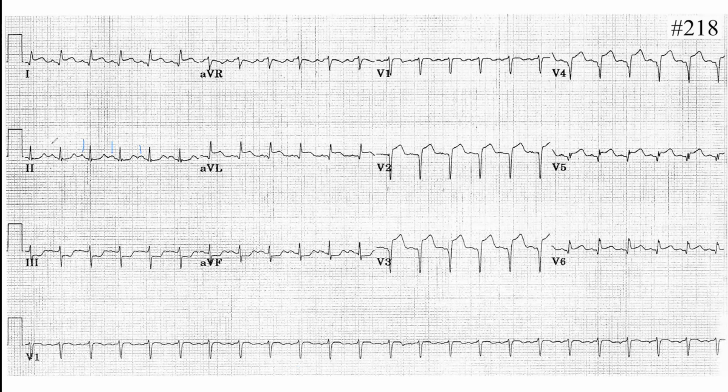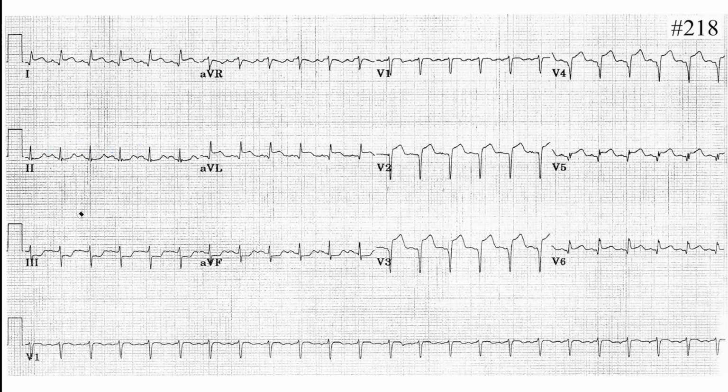We do have the P waves, and they're kind of combined with the T waves, because it's a tachycardia. This is why the P is getting closer to the T. Okay.